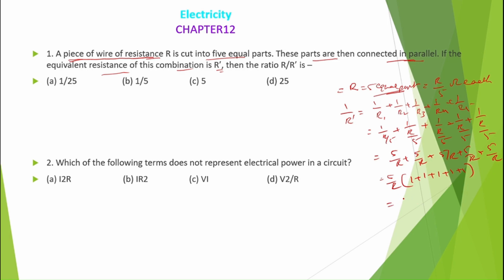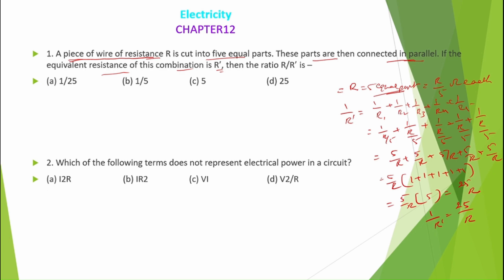So if you simplify, 5 divided by R, 1, 2, 3, 4, 5 into 5, which is equal to 25 by R. So 1 divided by R dash, how much we got? 25 by R.